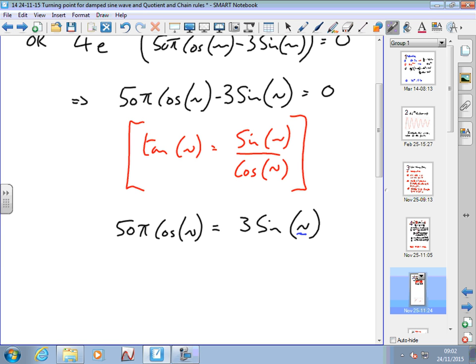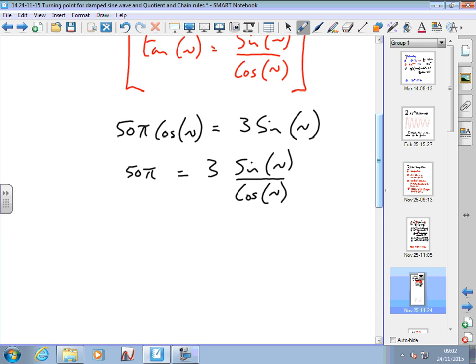So I know that sine over cosine is tangent, so let's divide both sides by cos of the bracket. So 50 pi equals 3 sine of the bracket over cosine of the bracket. Taking the 3 over to the left-hand side, 50 pi over 3 equals the tangent of the bracket.